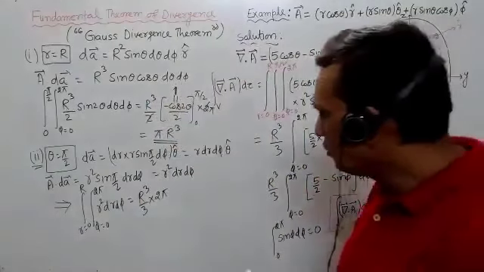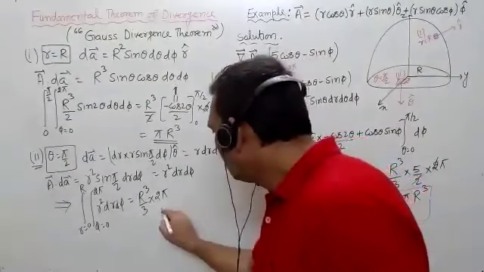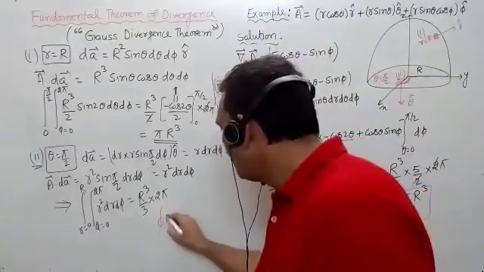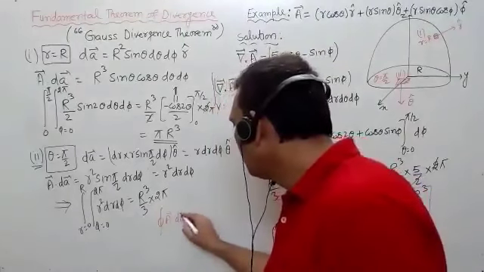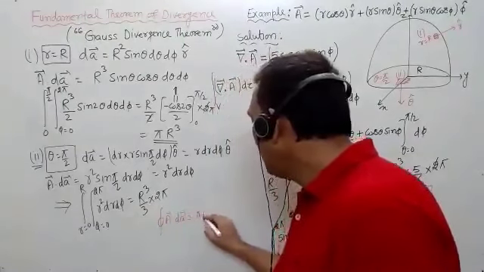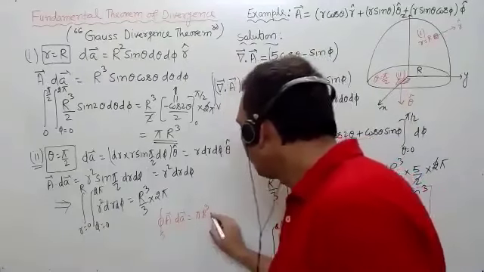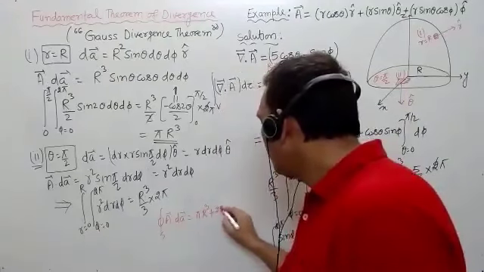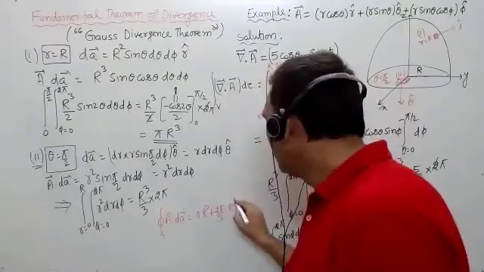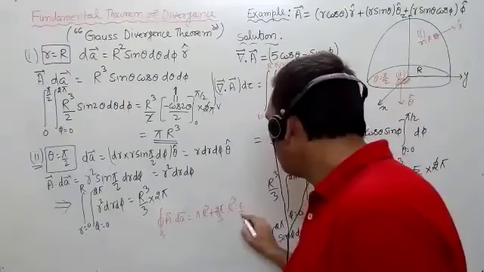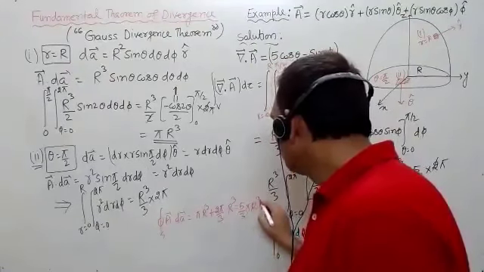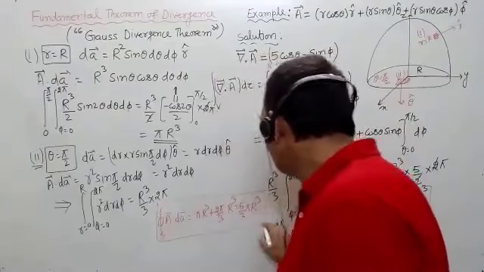So just add these two. So what will be closed A dot dA? This will be pi r cube plus 2 pi by 3 r cube, and that will give you 5 by 3 pi r cube. Same value.